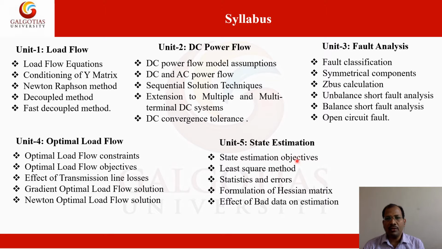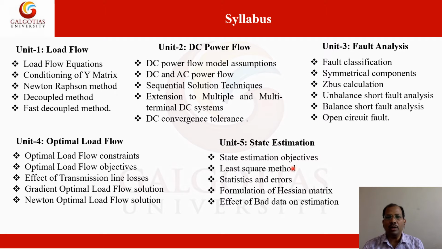With the least square method we estimate all the state values of the power system, because the signals or measured data are measured at the remote terminal unit and then sent back to the control system or control center. We do not directly apply this measured data, because it has some bad data or some errors.